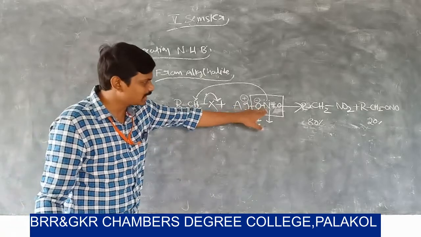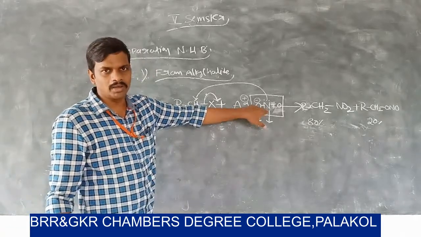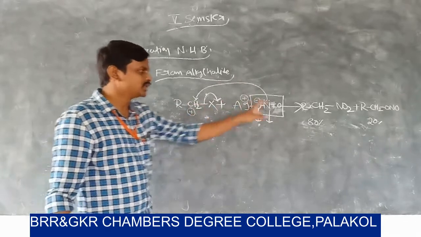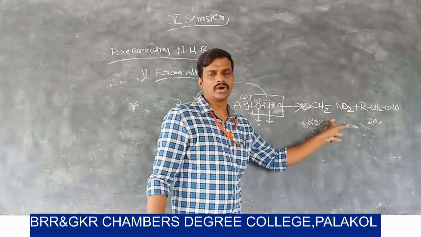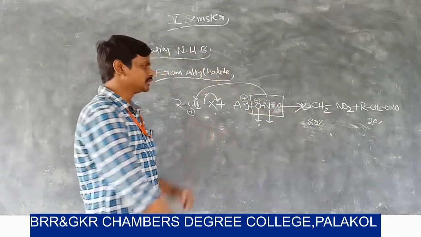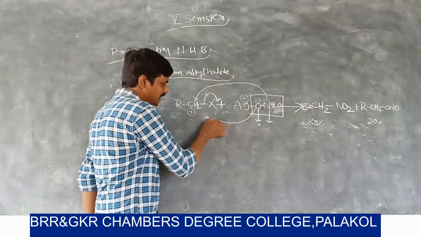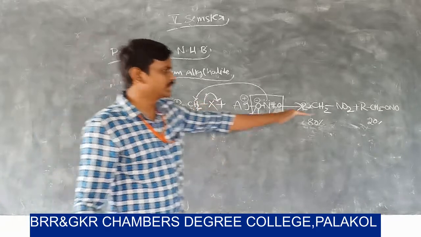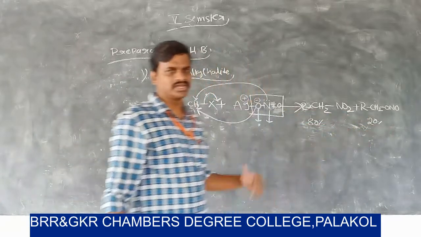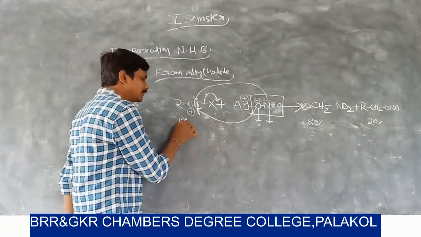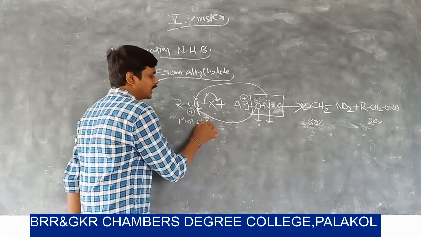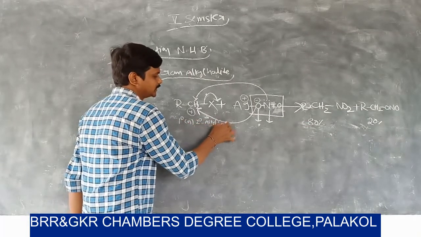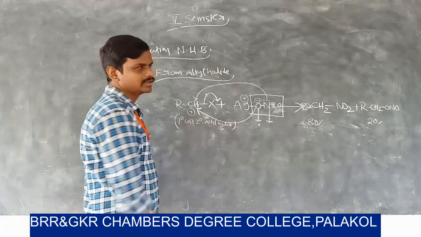Now the lone pair of electrons on nitrogen forms a bond with the carbon atom, then we can get nitrohydrocarbon. If the lone pair of electrons on oxygen forms a bond with the carbon atom, then we can get alkyl nitrite. Here we have to take either primary or secondary alkyl halides.